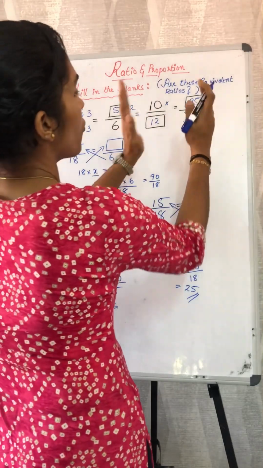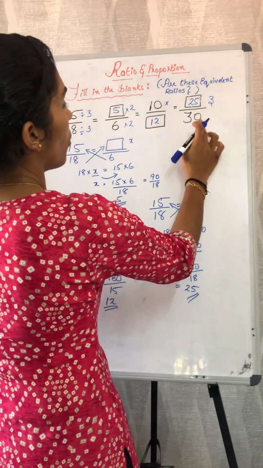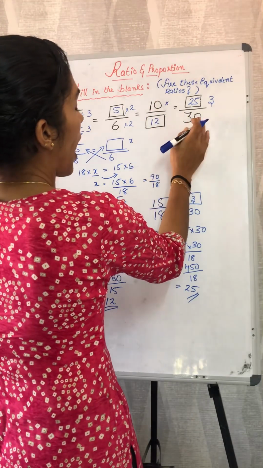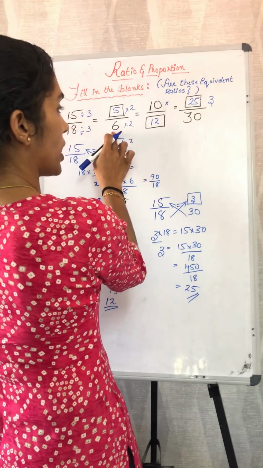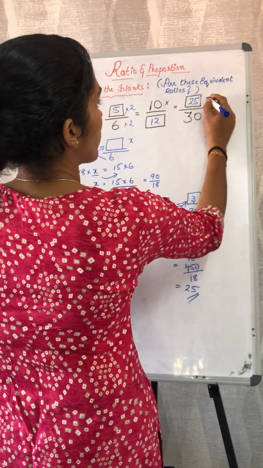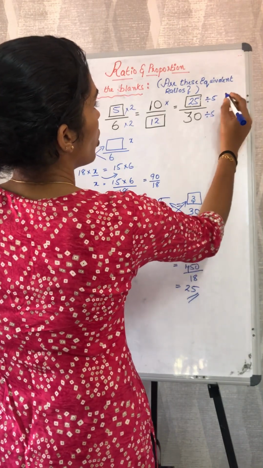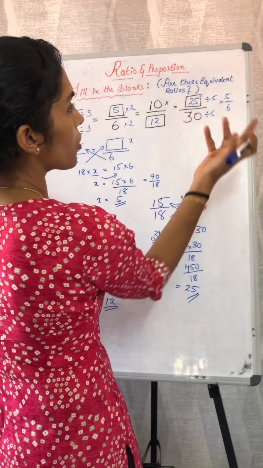Now let's take the fourth one. Here 25 by 30, and here this is 10 by 12. You can compare this 25 by 30 to this ratio. When you factorize with 5, that is, when you divide both by 5, you get 5 by 6. So this is equal.